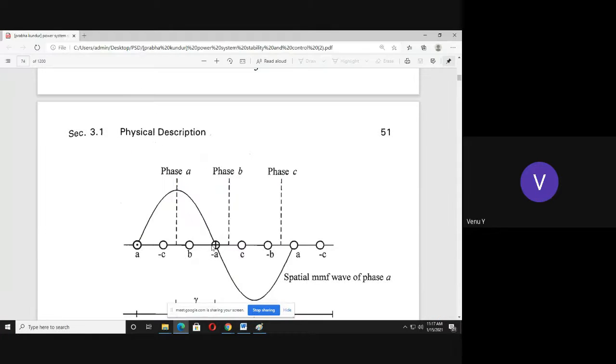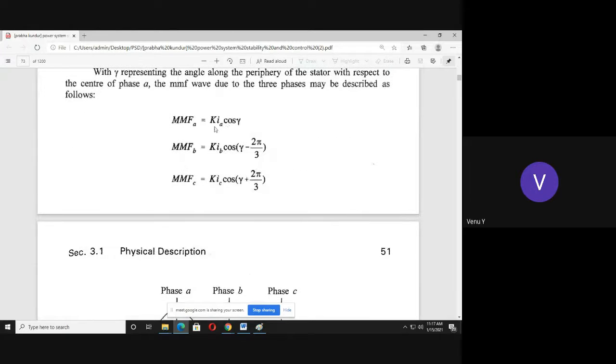Therefore, you have the MMF of phase A as K into cos gamma, varying as a cosine of the angle gamma. Sine or cosine will have a similar wave shape. MMF B is cos of gamma minus 2 pi by 3, phase B. Phase C is plus 2 pi by 3. This is the spatial distribution, the physical difference of the angles of three different phases.